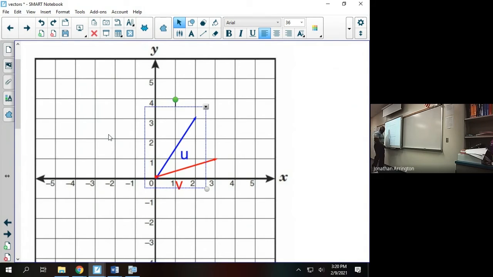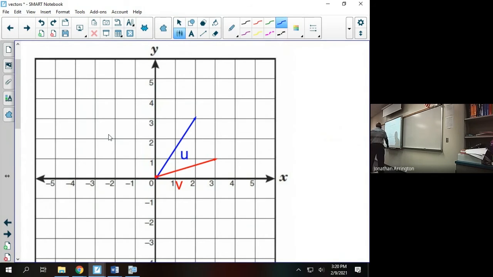So there's vector u. And I put them in component form because this math we do, we like the vectors being in component form. I think you can clearly see the components of vector u are 2, 3. And of course, we've already stated the components of vector v are 3, 1.